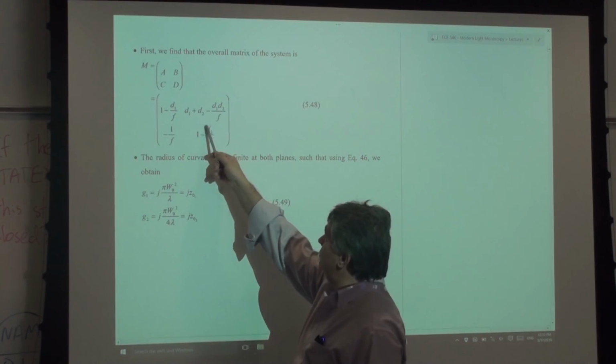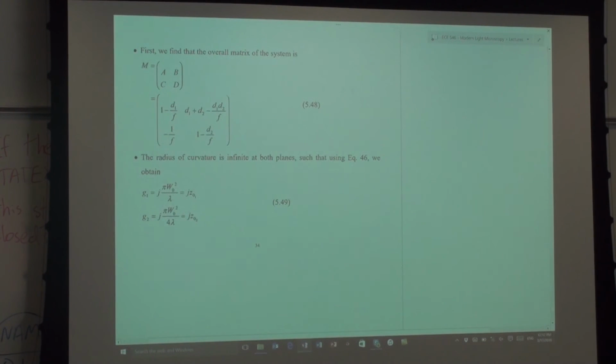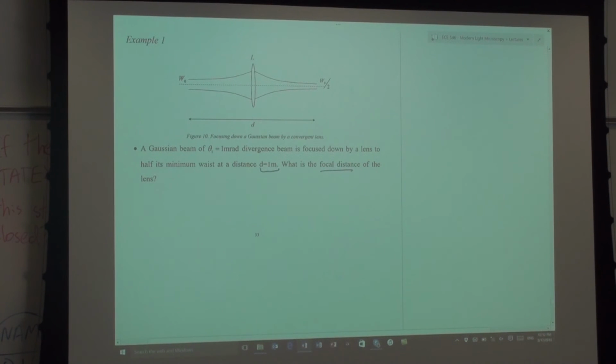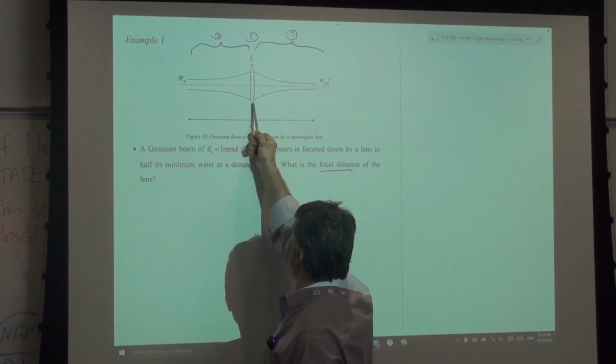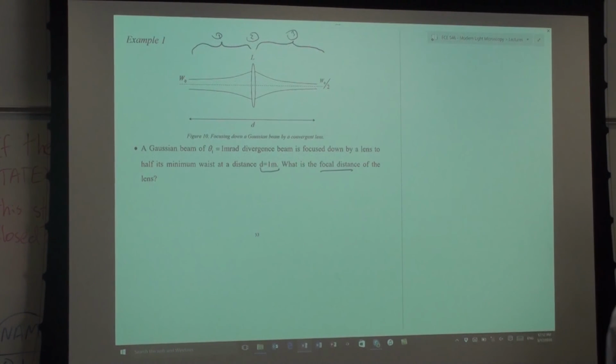I don't think you know this if you didn't take 460. But to compute the matrix of this system, you have to have 1, 2, 3 components: free space from here to here, the lens matrix, and the free space matrix again, right?